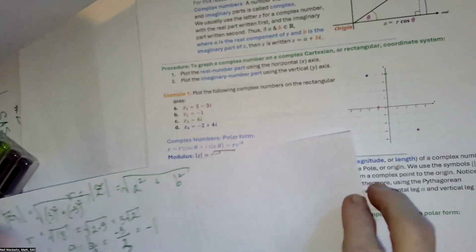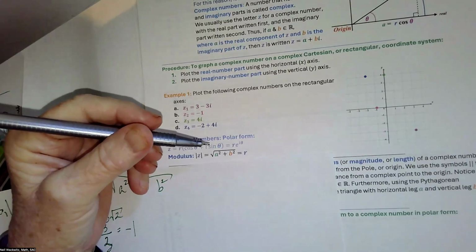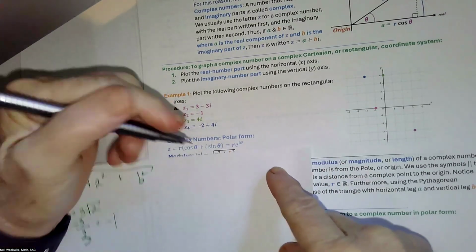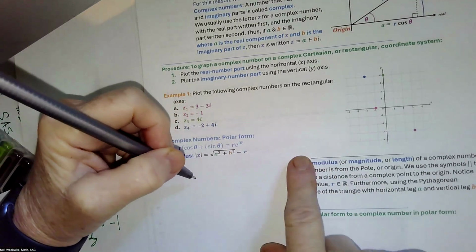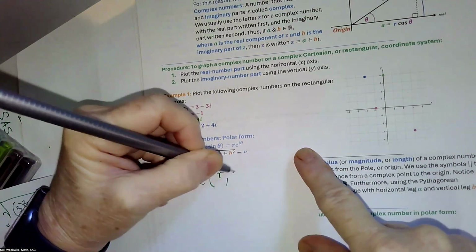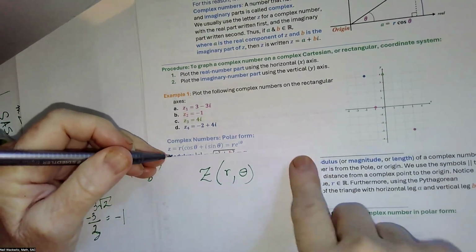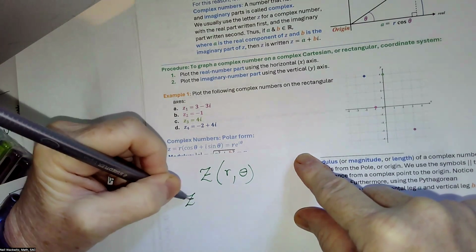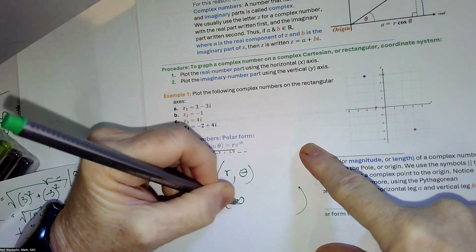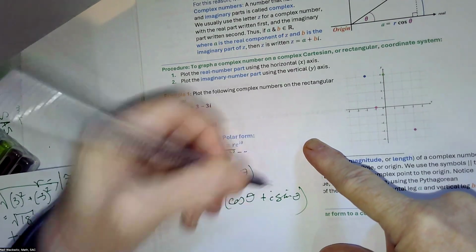Oh, notation. So when you have a complex number in polar form, you can express it as z equals r comma theta, but more often you'll see z equals r times cosine theta plus i sine theta.